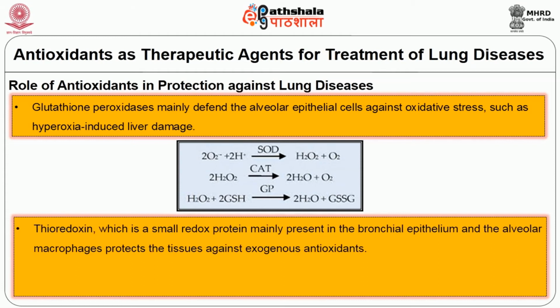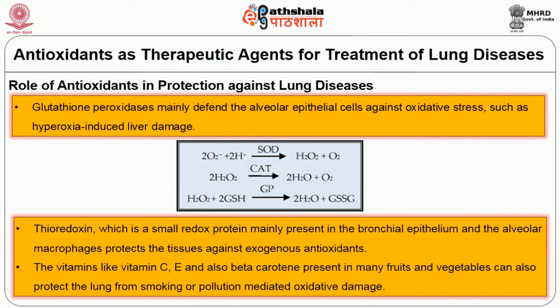Thioredoxin, which is a small redox protein mainly present in the bronchial epithelium and the alveolar macrophages, protects the tissues against exogenous oxidants. Vitamins like vitamin C, E, and also beta carotene present in many fruits and vegetables can also protect the lung from smoking or pollution mediated oxidative damage.